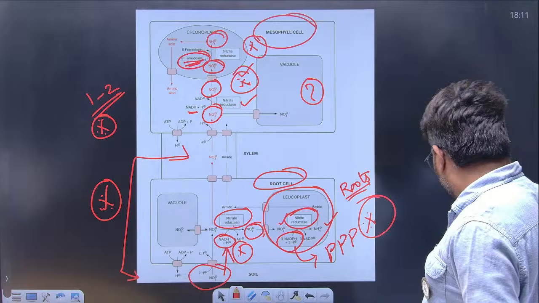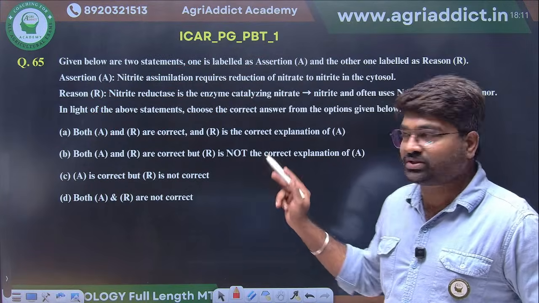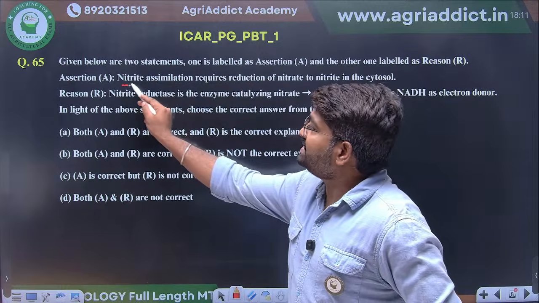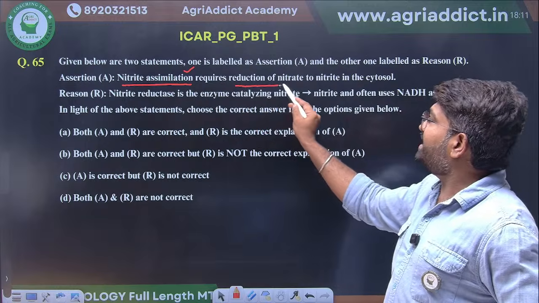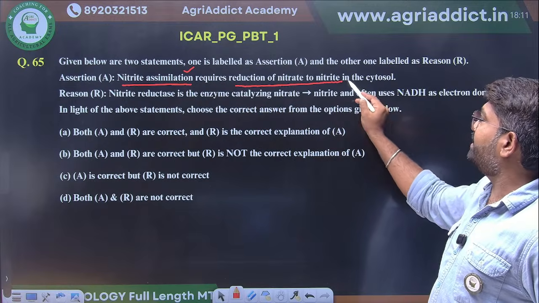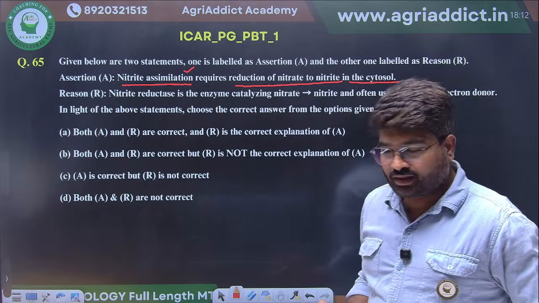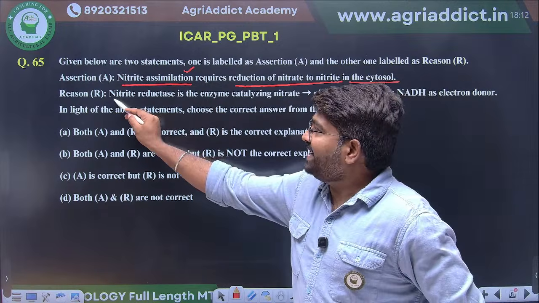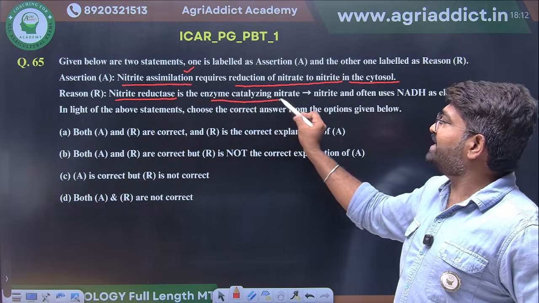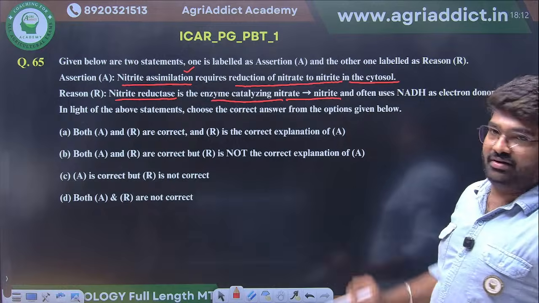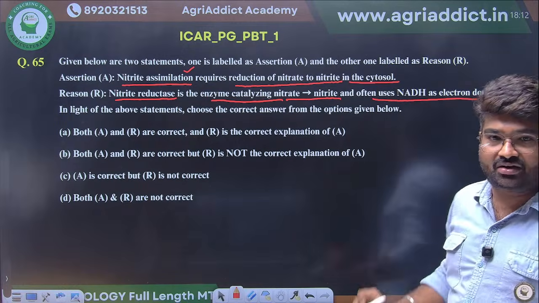Now you solve this question. Read the assertion and reason properly and solve. Nitrate assimilation requires reduction of nitrate to nitrite in cytosol. Whether it is correct? Second thing, nitrite reductase is the enzyme catalyzing nitrate to nitrite and often uses NADH as electron source.